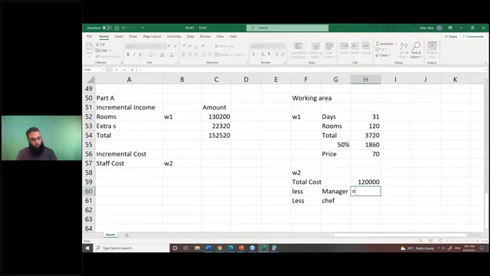So what's that? It was 30,000, right? Divided by 12 per month. And head chef was 24,000 divided by 12. Okay, both divided by 12. So let's deduct these two. So now we are getting the cost after this. How much is it? Let's see. This minus this minus this, and it's 115,500.